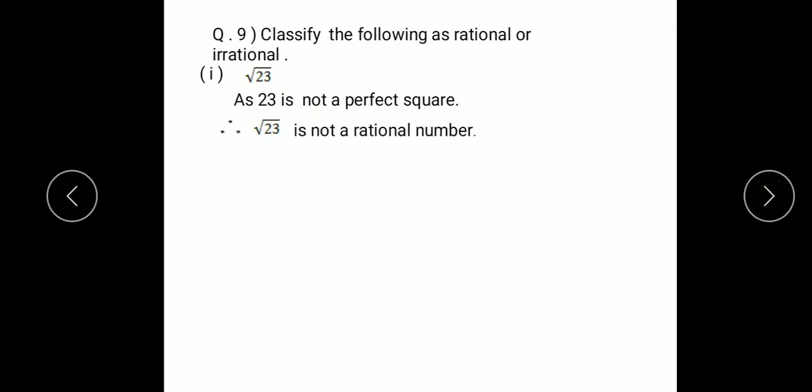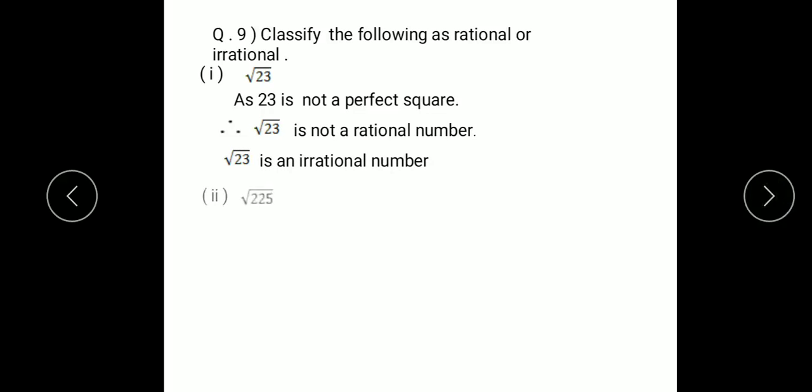But if a is not a perfect square, then square root of a will not be a rational number. In that case, it will be an irrational number. Look at square root of 23. As 23 is not a perfect square, we can say that square root of 23 is not a rational number. Therefore, square root of 23 is an irrational number.